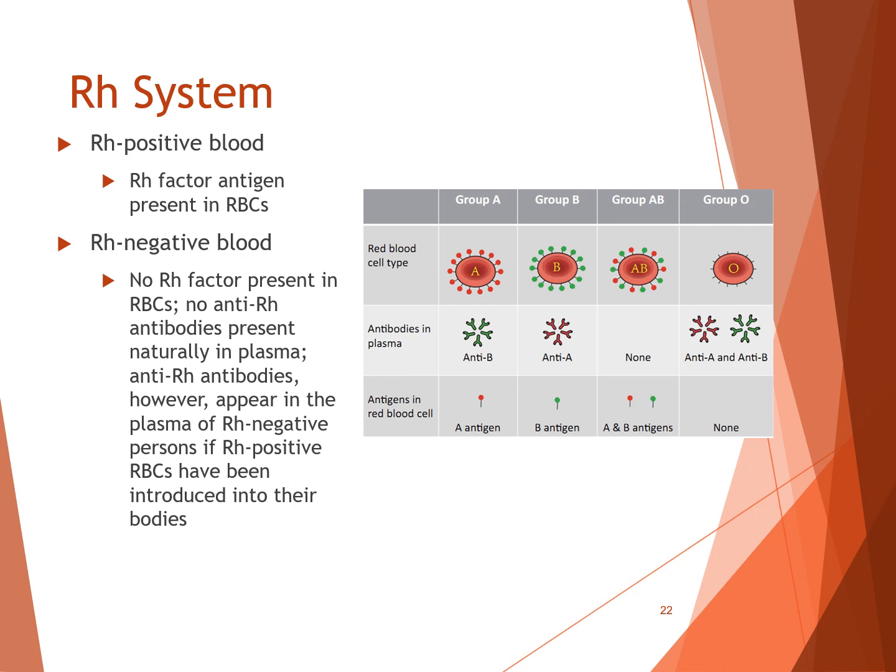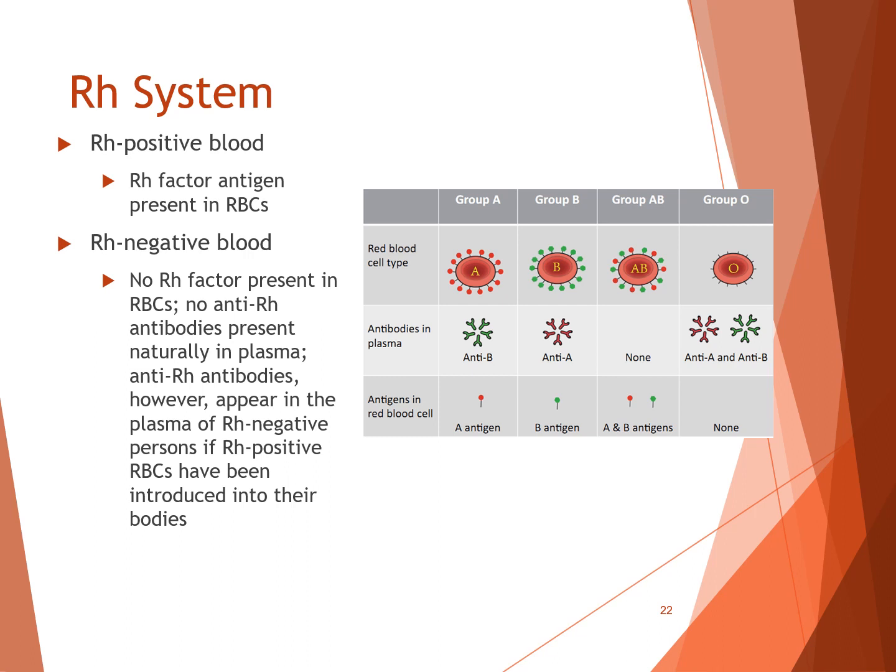Now, the rhesus factor is an inherited protein that is considered an antigen, so another type of antigen that can be found on the surface of the red blood cell along with either an A antigen or a B antigen. There can be this additional protein, and if it's there, we say the person is Rh positive. Positive means they have the protein.